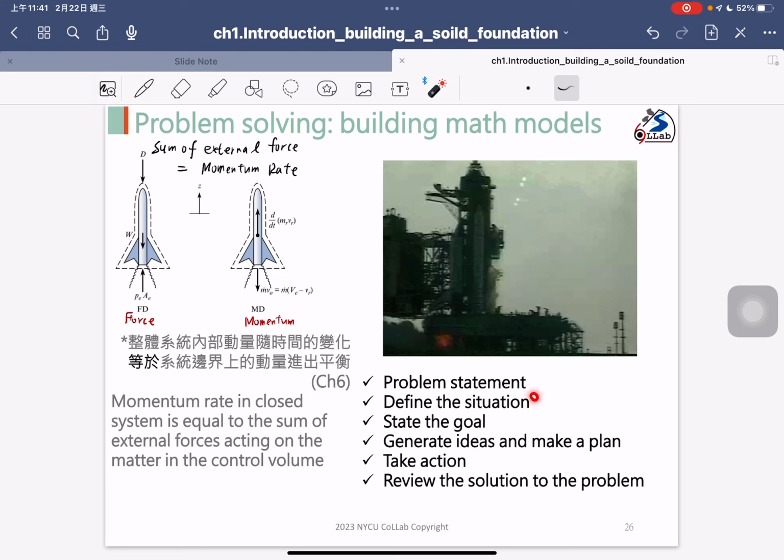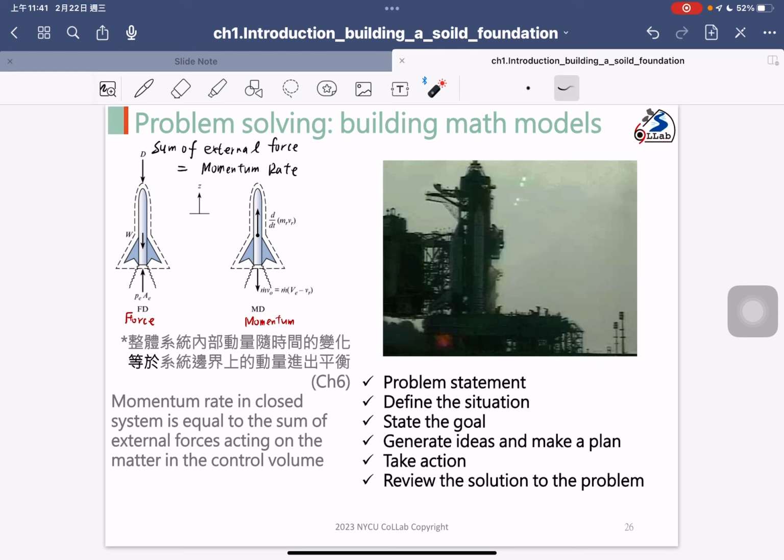And you should define the situation. So you should find out how many physical properties you already know, what you don't know, and what assumptions you should satisfy. And then you can go to the next step.